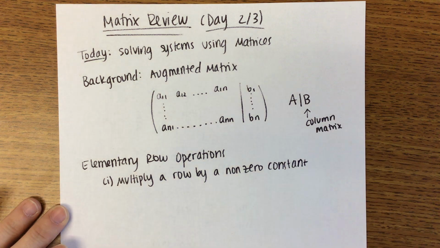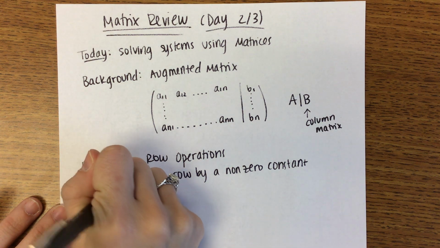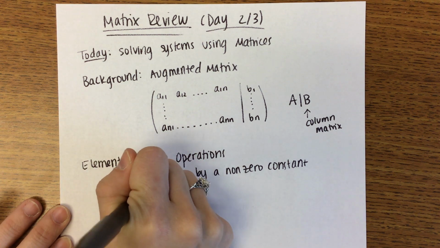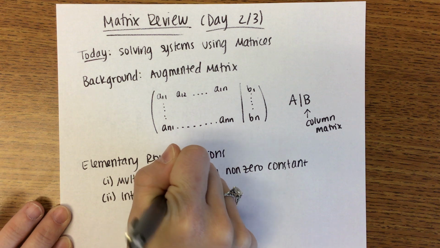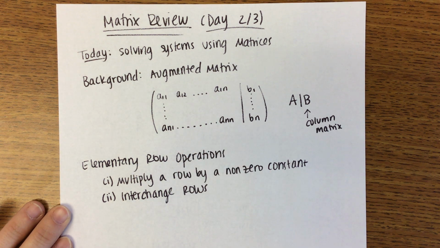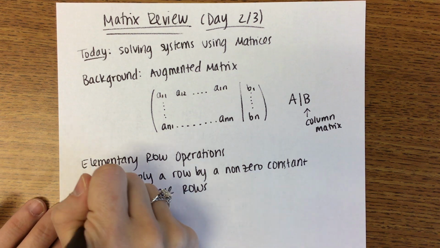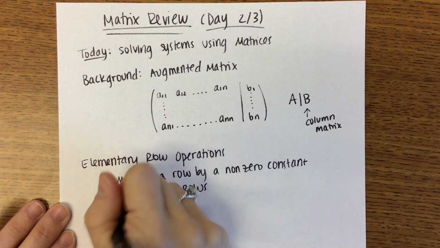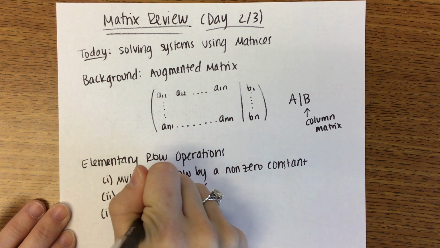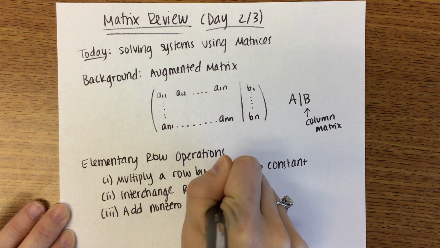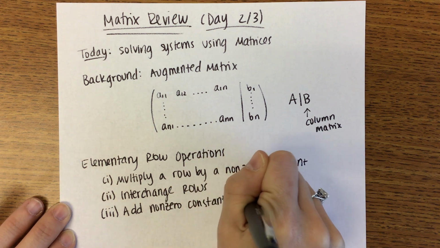So you don't have to multiply the entire matrix. You're just going to multiply a single row. You can interchange rows. And then lastly, you can add a non-zero constant multiple of one row to another.